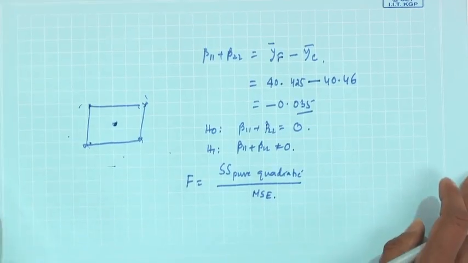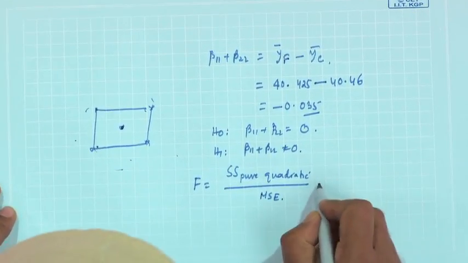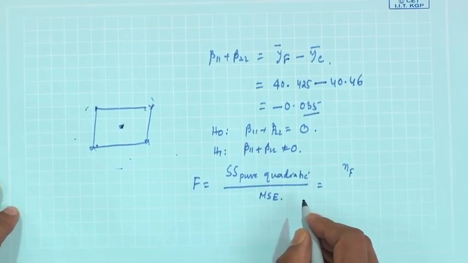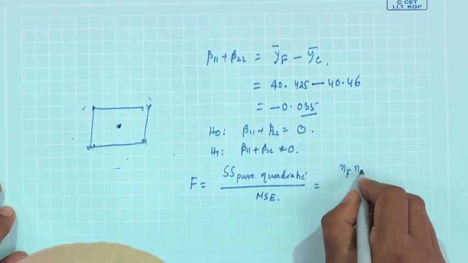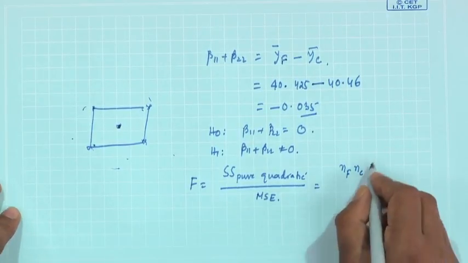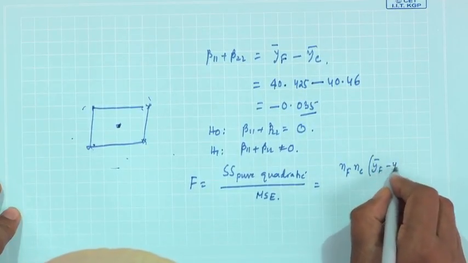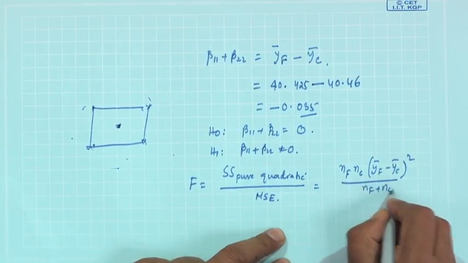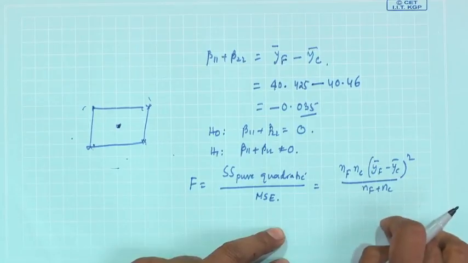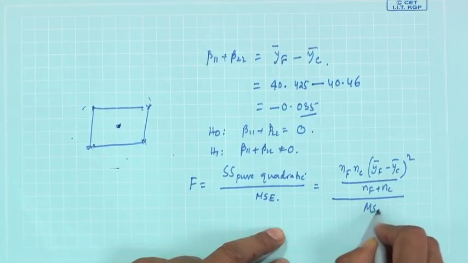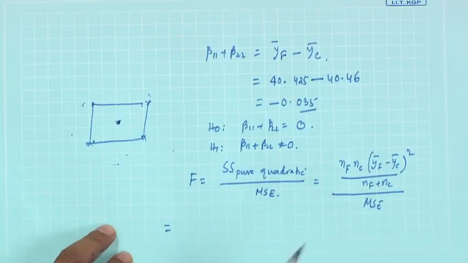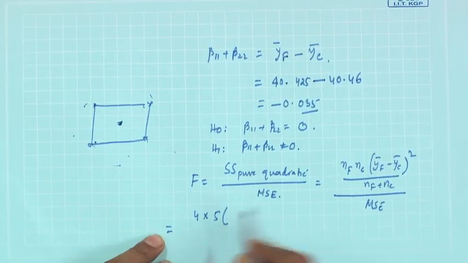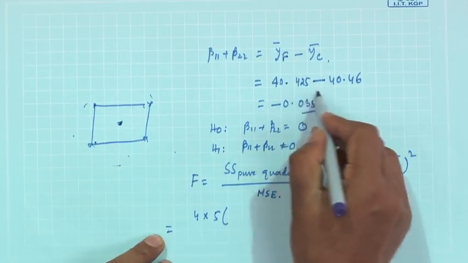Now, how do you get SS pure quadratic? If you recall, SS pure quadratic is the number of points at the factorial points into number of points at the center into y f bar minus y c bar squared, divided by n f plus n c, with 1 degree of freedom, divided by your MSE. Factorial points are 4, center points are 5.